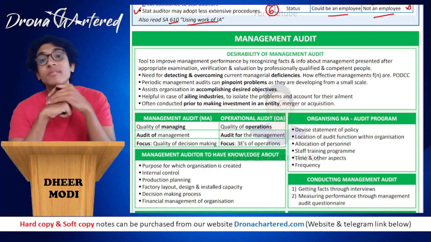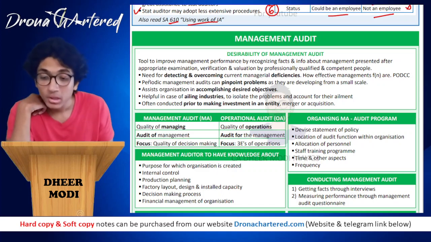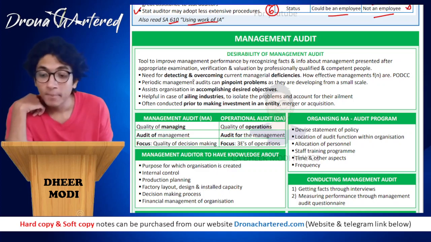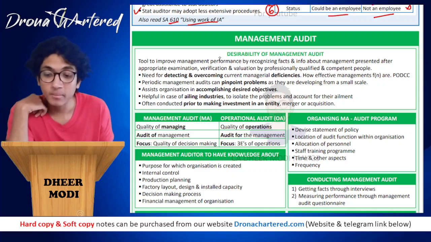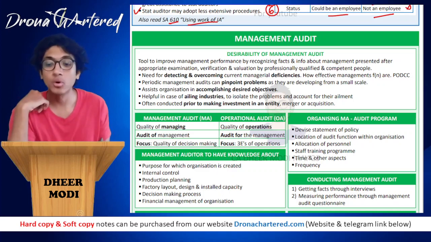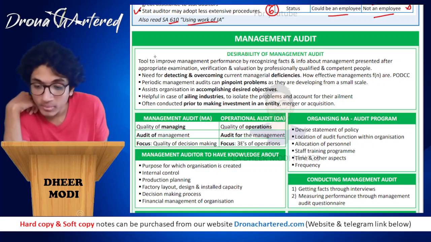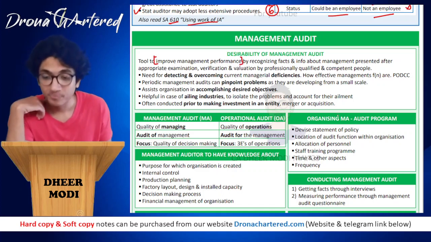It is a tool to improve management performance by recognizing facts and information about management presented after appropriate examination, verification, and valuation by professionally qualified and competent people.